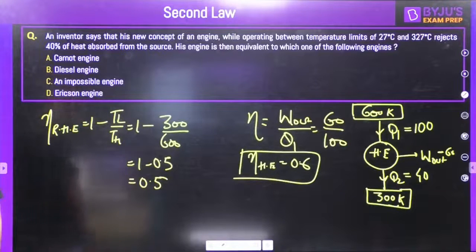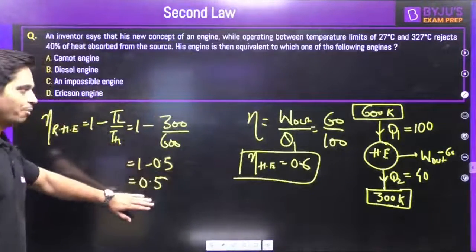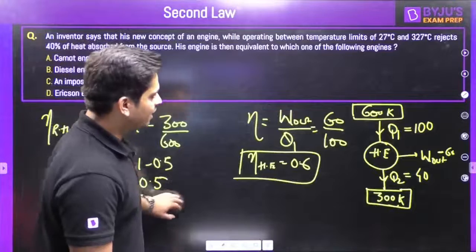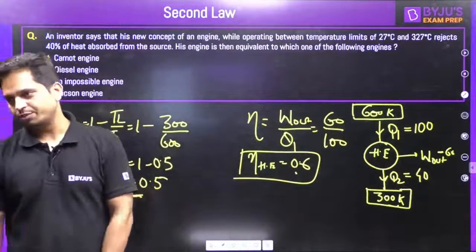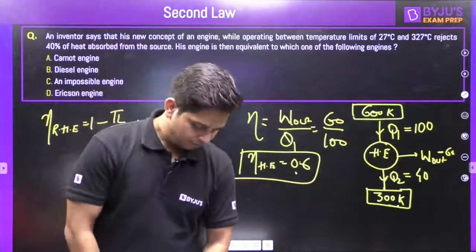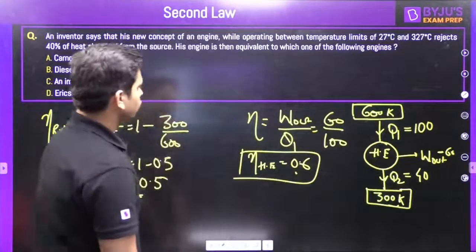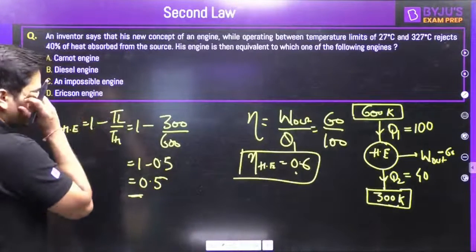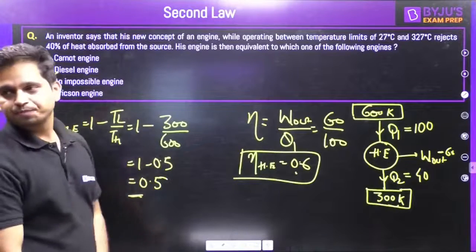So if a reversible engine is working between these temperature limits, maximum efficiency is 50%. Now the inventor is claiming that my engine has an efficiency of 60%. That is not possible, because it violates the second law, Kelvin-Planck's statement. So it's an impossible engine.